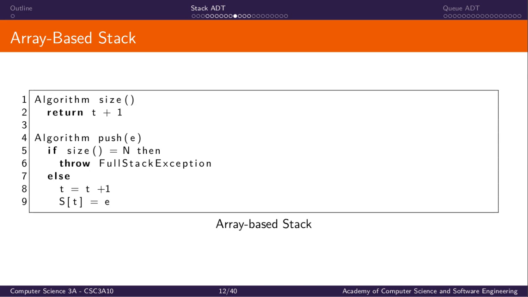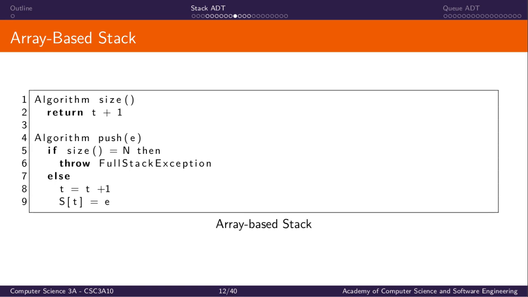Otherwise, we increment t. Remember, t is the last index, so the index will be 1 less than how many elements are in there. The index of any element is how many elements appear before it in our array. So if we have n elements, the nth element will have an index of n minus 1.